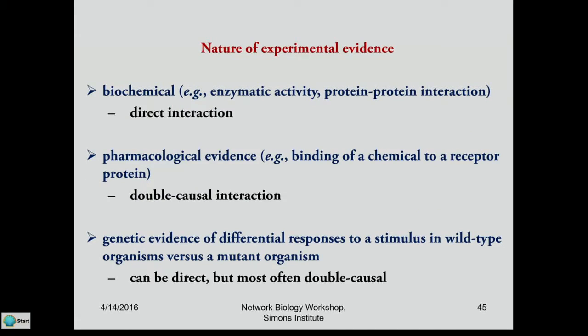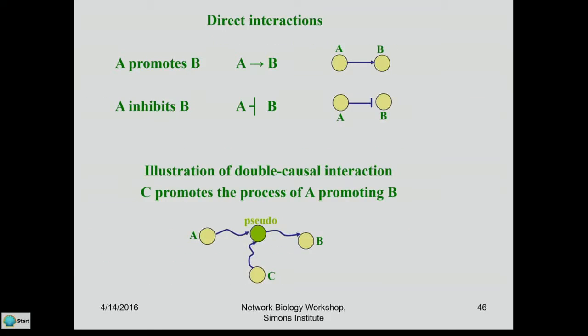There are various kinds of experimental evidence: biochemical, pharmacological, genetic evidence for differential stimulus. Some of these evidences correspond to a chain of chemical reactions. Some correspond to a direct one-step chemical reaction. Sometimes you don't know whether it's a chain or just one step. Sometimes you know for certain.